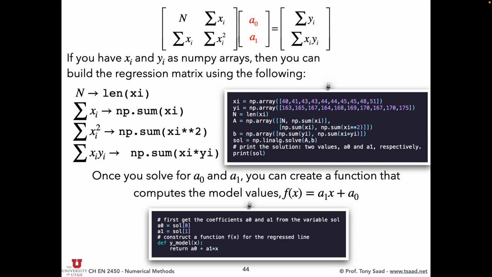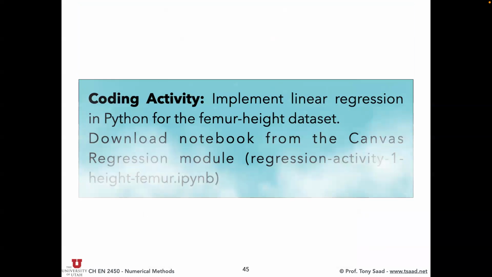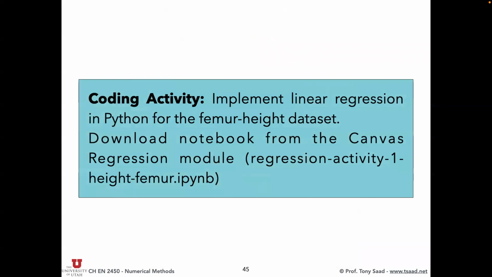And you pass it an x value and make a prediction. Okay? So it takes 2 steps, right? Now, go ahead and grab regression activity 1 height versus femur notebook from the modules, and we'll work on this together.